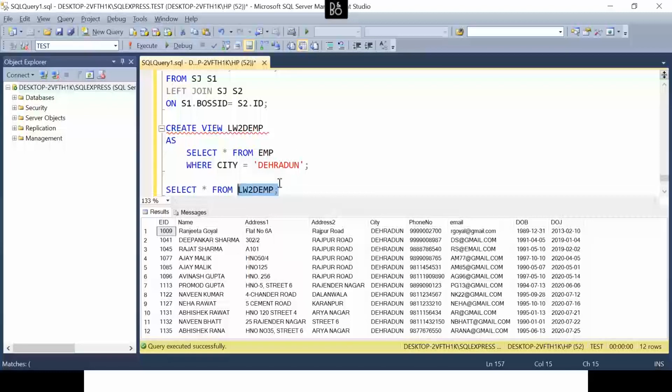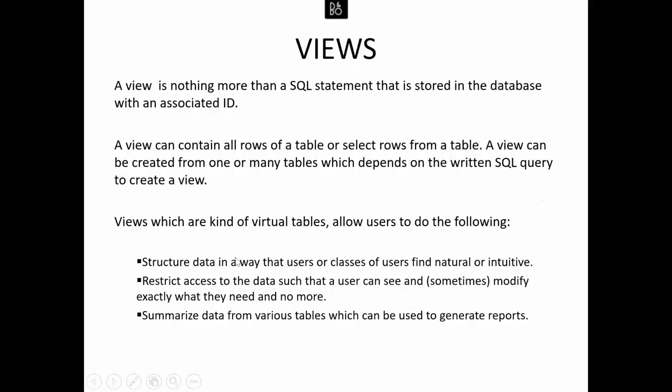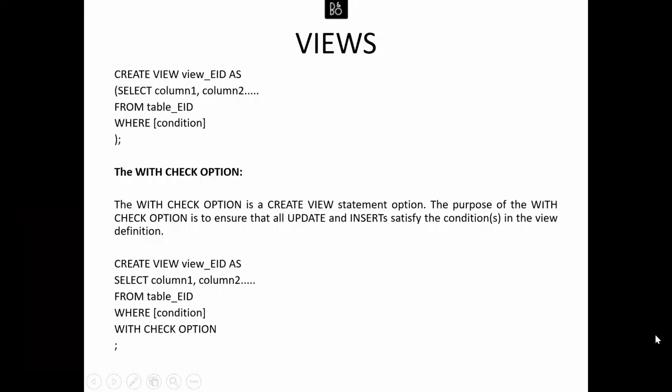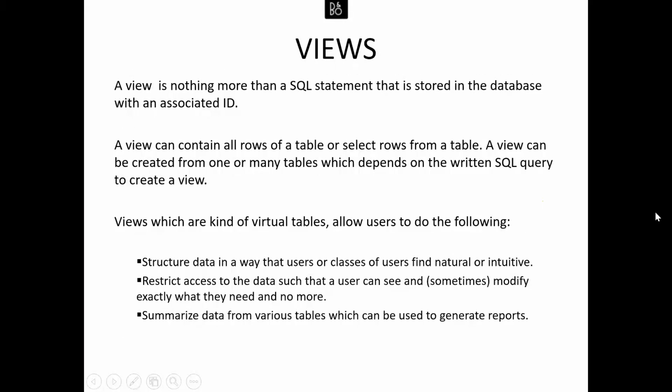Okay. So this is an explanation of the first point, which says structure our data in a way that user or classes of user find natural or intuitive. By this, I wanted to say a user can never come to know whether he is working on a view or on the actual table.